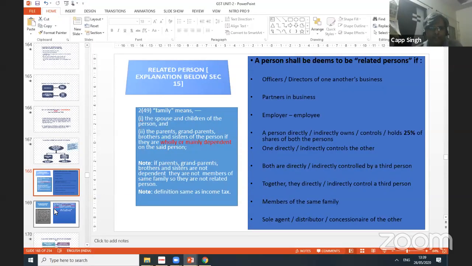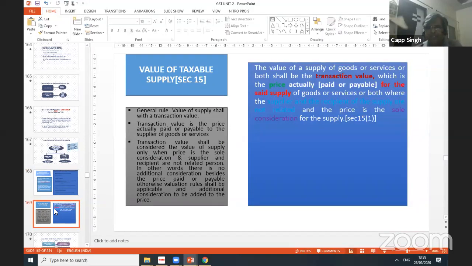The value of supply of goods shall be the transaction value. By default, if nothing is mentioned, transaction value shall be considered as the value of supply. But sometimes due to a relationship, the value of supply may have been affected, and to save taxes, someone may manipulate and reduce the value of supply.